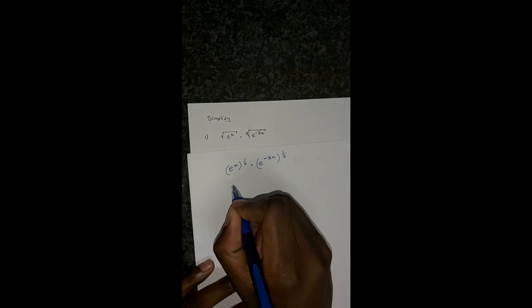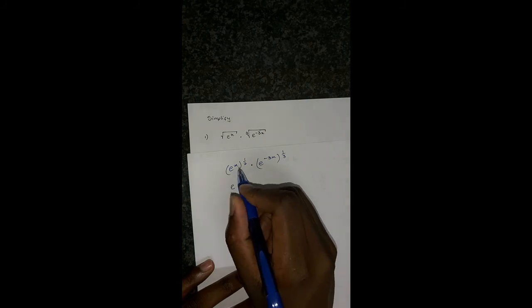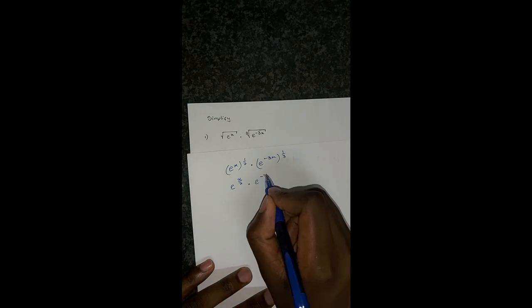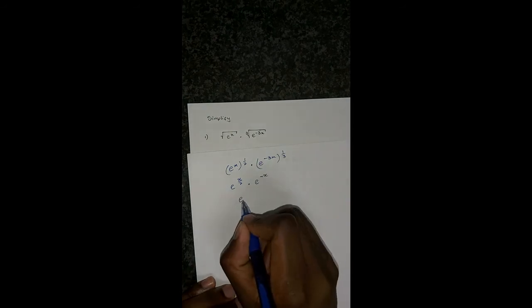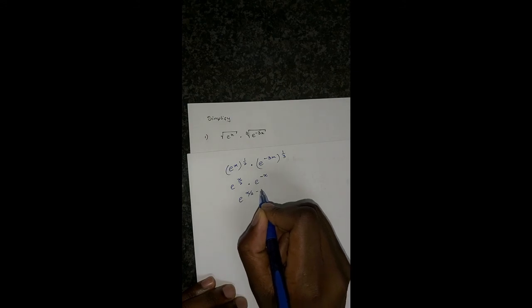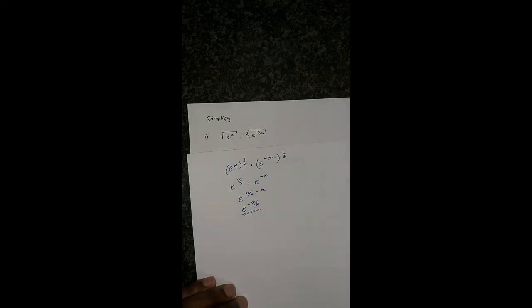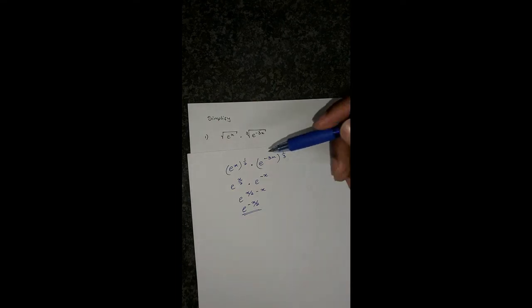That should give us exponent of x over 2, times exponent of negative x, which becomes exponent of x over 2 minus x, exponent of negative x over 2, being your final solution. So if you just learn how to apply the laws of logarithms and exponents, then you'll be quite good, and this will come easier for you to do.